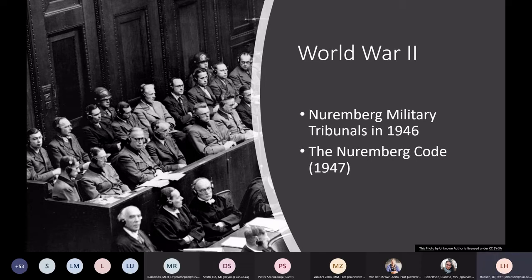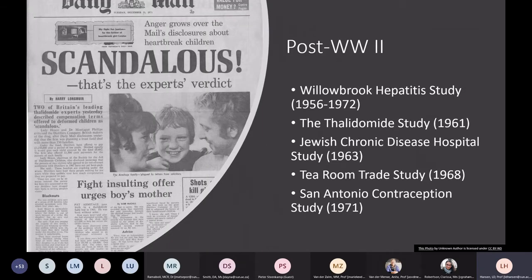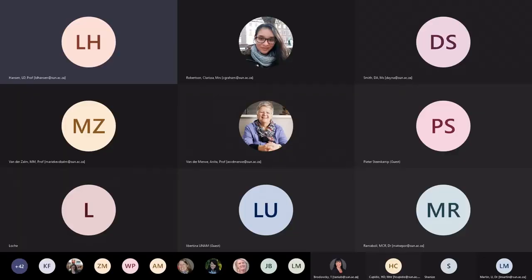In the study that Anita also referred to, the thalidomide study of 1961, the medication was approved as a sedative, apparently initially in Europe in the late 1950s. The drug was never approved by the FDA, but samples were sent to US doctors.